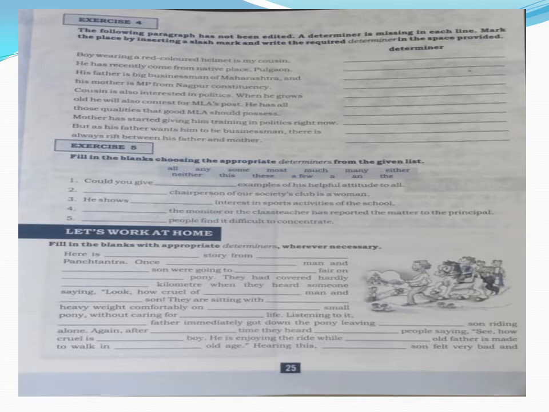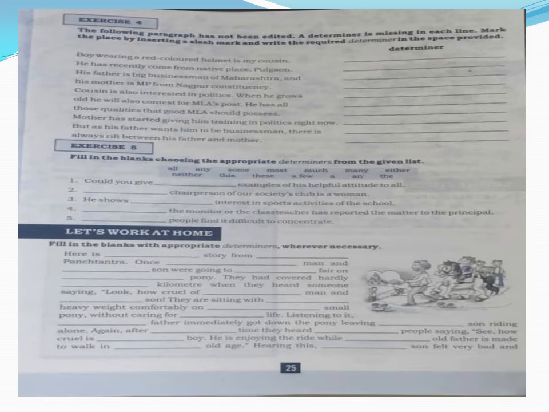Okay, here exercise number 5 is given. Fill in the blanks choosing the appropriate determiner from the given list. Here options are also given. Okay, could you give dash examples of his helpful attitude to all? So what will be the answer here? A few.